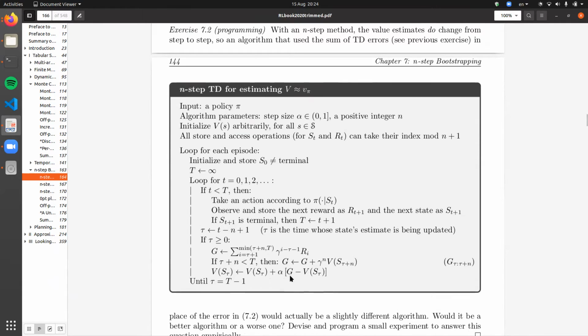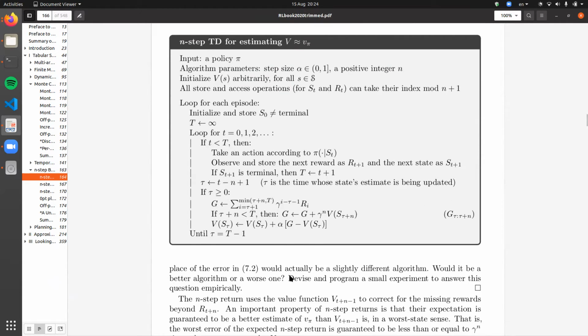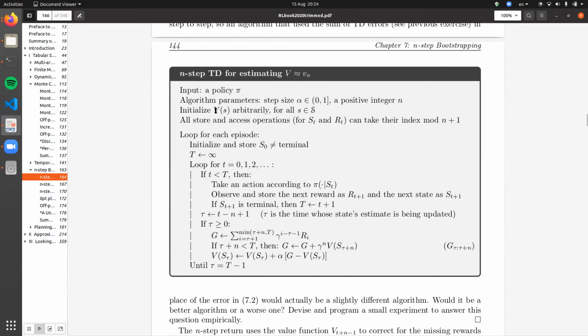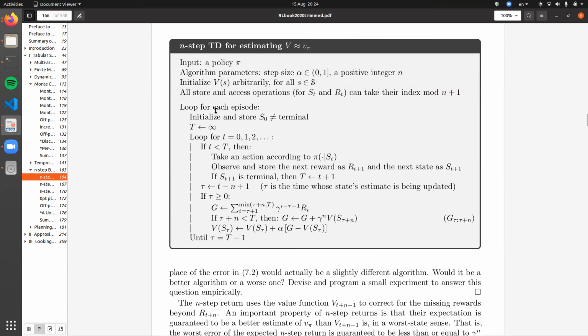But in general, I would suspect that if we are given this algorithm as a reference, that one would be better, like in expectation. That's just my intuition as well.